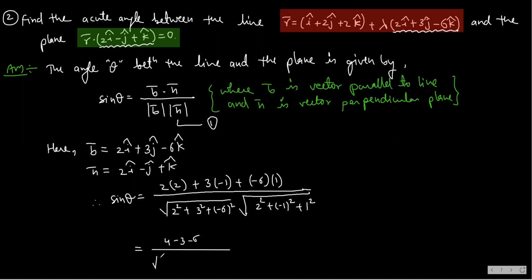So, and here you have mod of 4 plus 9 plus 36 and square root of 4 plus 1 plus 1.